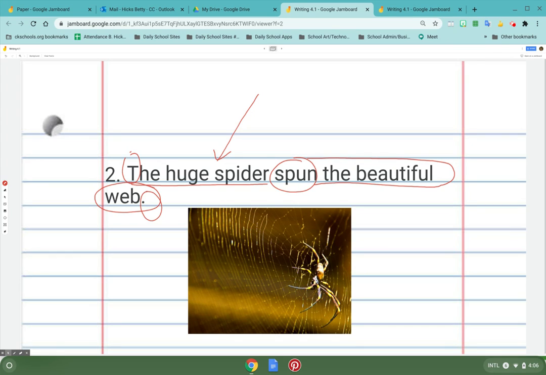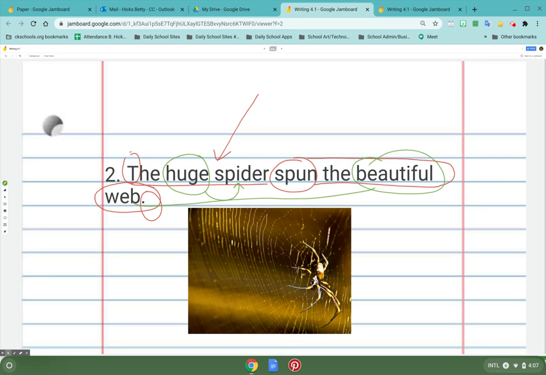But did you notice that I added in an adjective describing the spider? Did you notice that I added in an adjective describing the web? So that's what paints the picture, because listen to me change it. The ugly spider spun the sticky web.